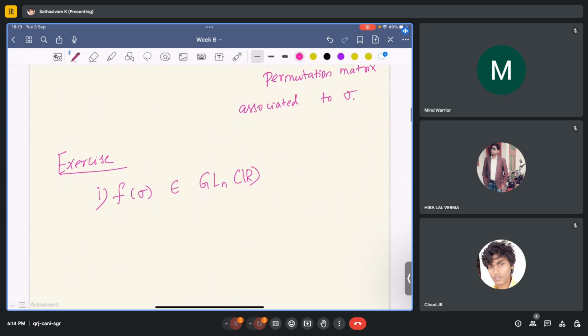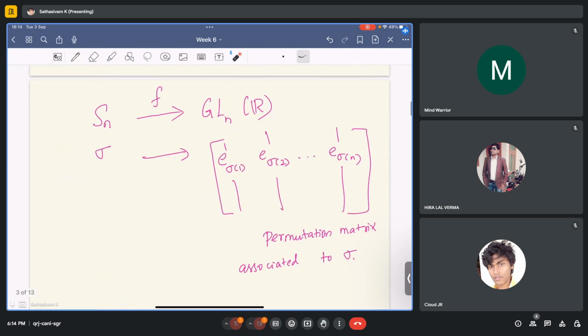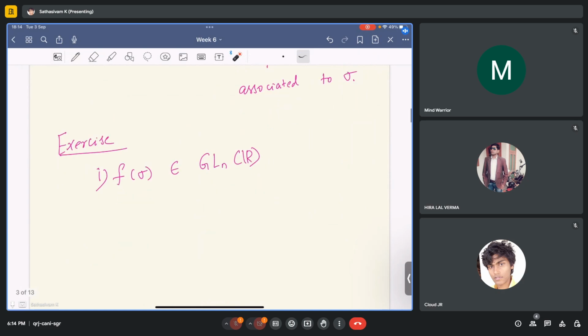So okay, maybe I will solve it here also. How do you say that F of sigma belongs to GLN? GLN is the set of all matrices which are invertible, right? So here is the hint. If F of sigma belongs to GLN, what I have to do is give you the inverse, right?